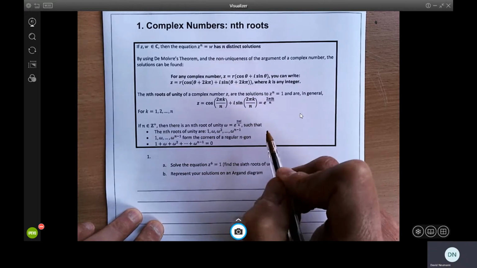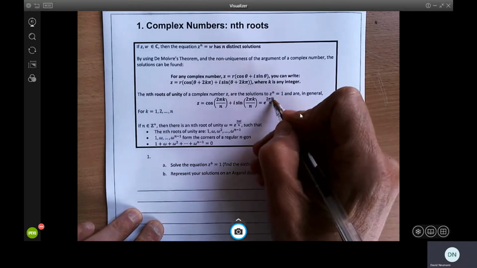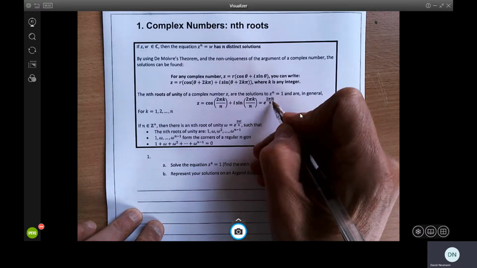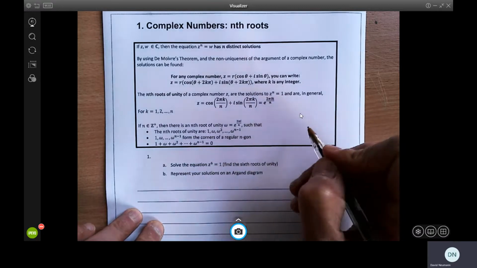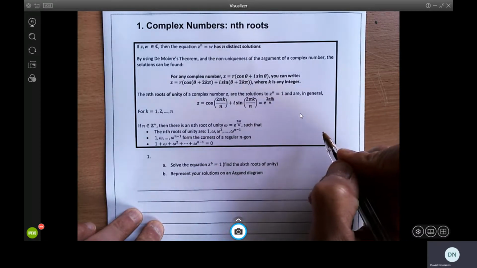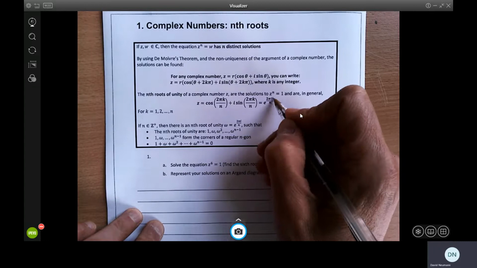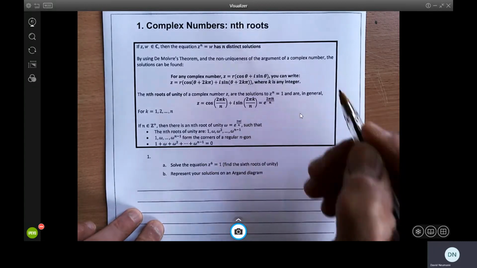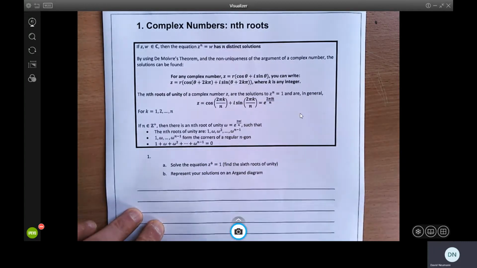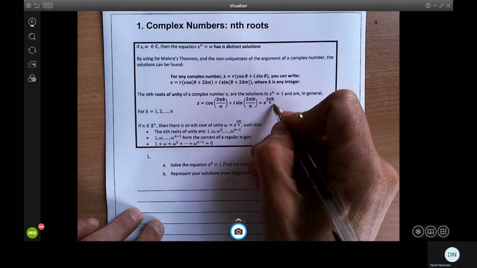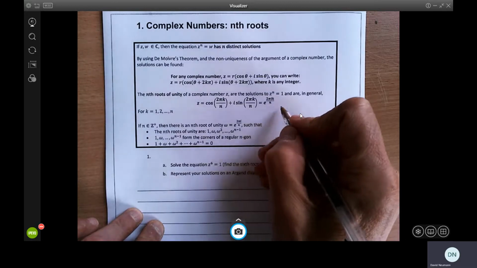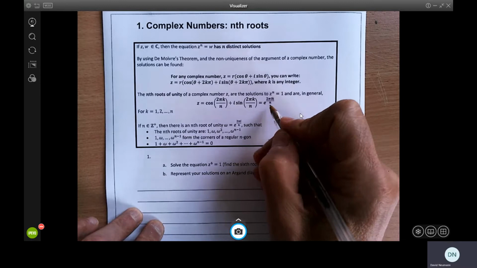So this is just 1. If you think about where k is equal to 1, if we raise that to the nth power, we're going to have e to the 2 pi i times 1 over n, all to the power of n. Well, that's going to be e to the 2 pi i times 1. When we raise it to the power, we do just get 1.